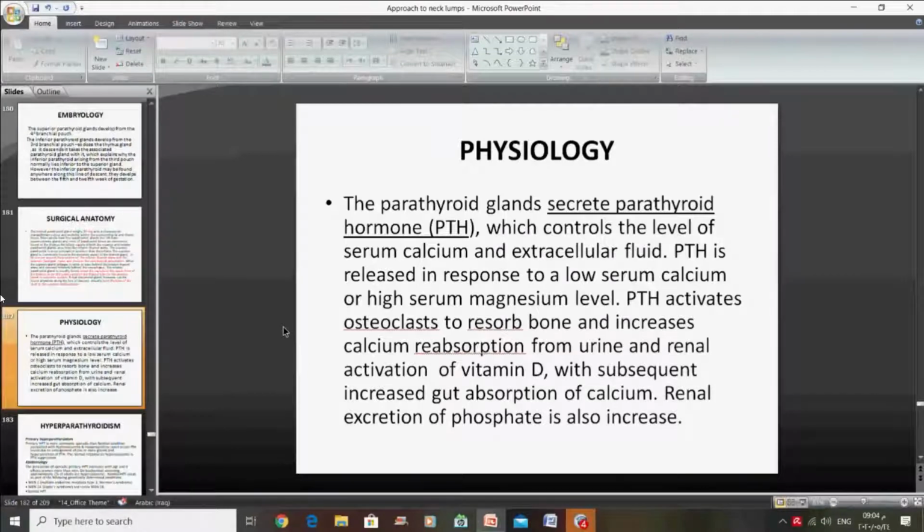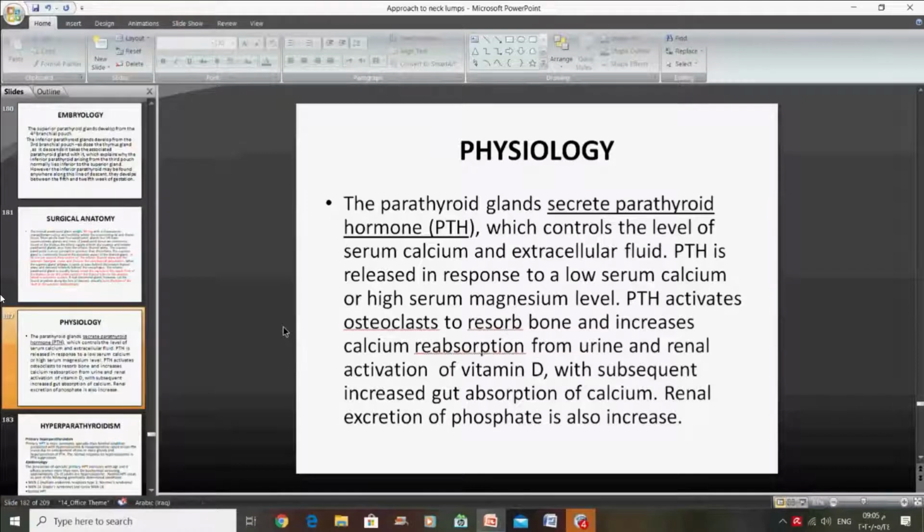Its action to increase calcium: it will activate osteoclasts, which break down the bone to dissolve it, and increase calcium reabsorption from the urine, and renal activation of vitamin D with subsequent increase in gut absorption of calcium.